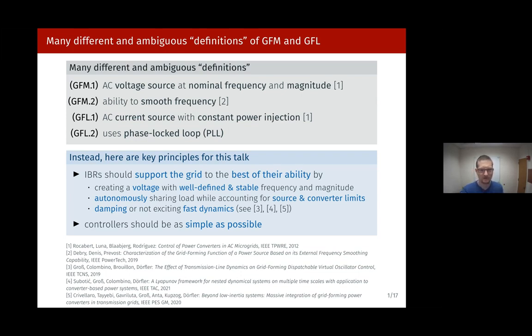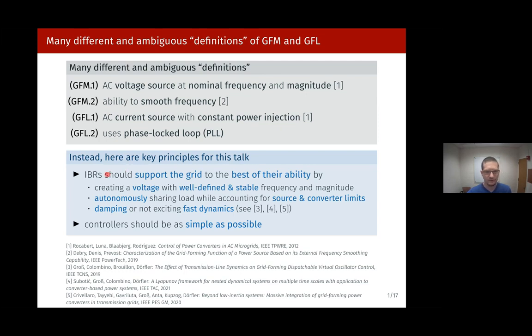And this is very similar to also what we've already seen last week when Deepak Diwan was talking about this. And instead of talking about, is this grid forming, is it grid following, we should set a few principles as to what do we want from inverter-based resources going forward to be kind of good citizens on the grid. And here's what I'm going to use as principles for this talk.